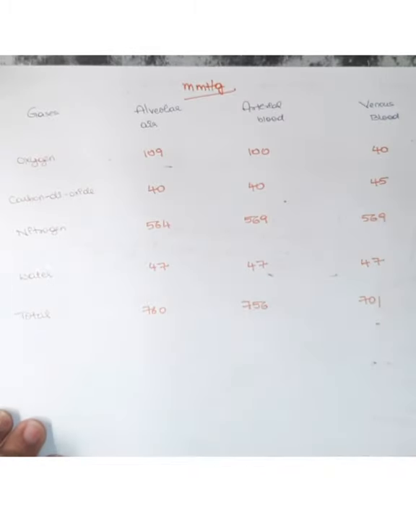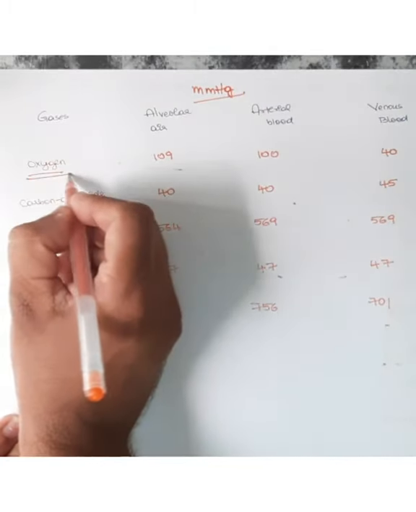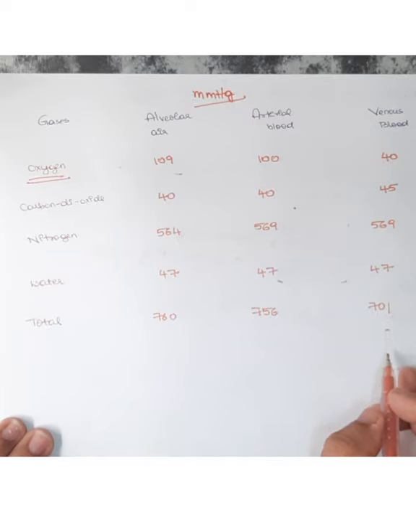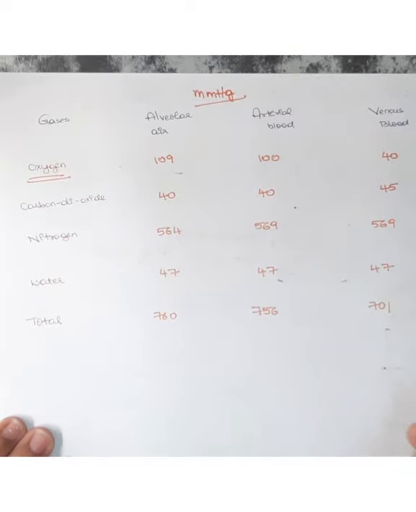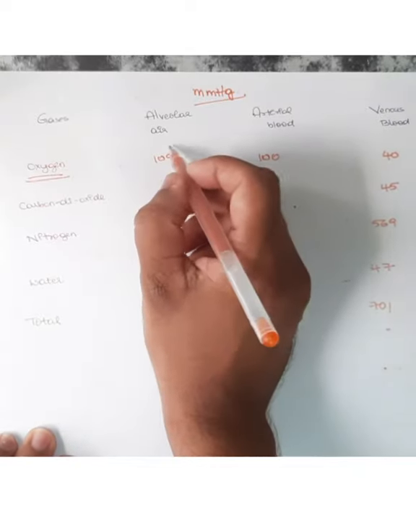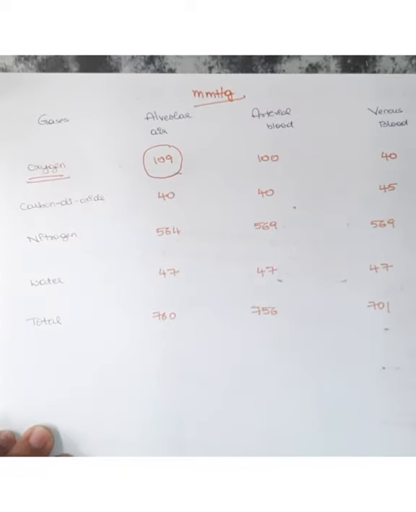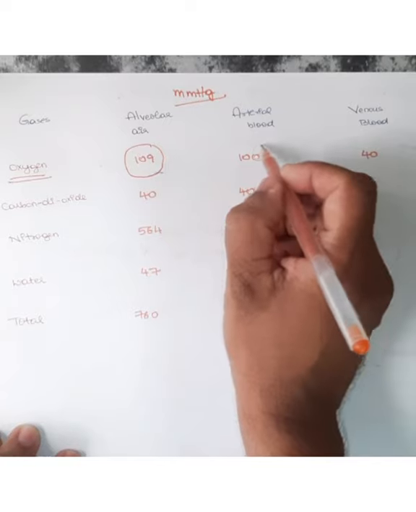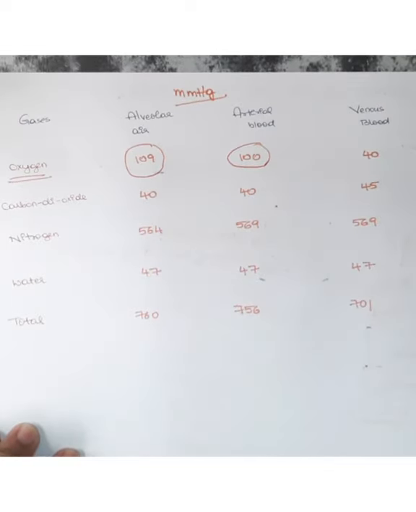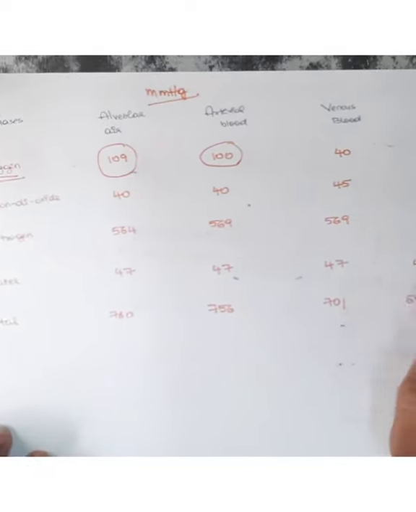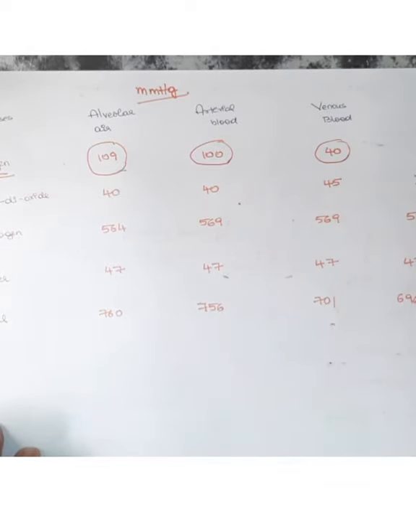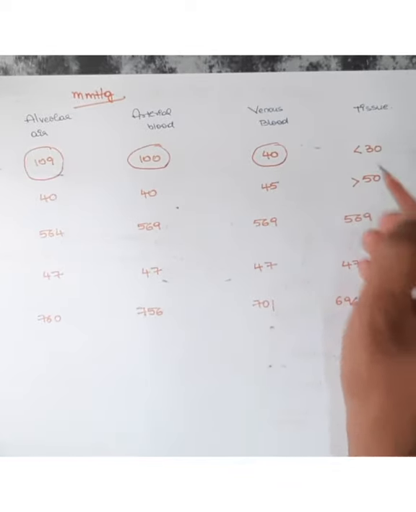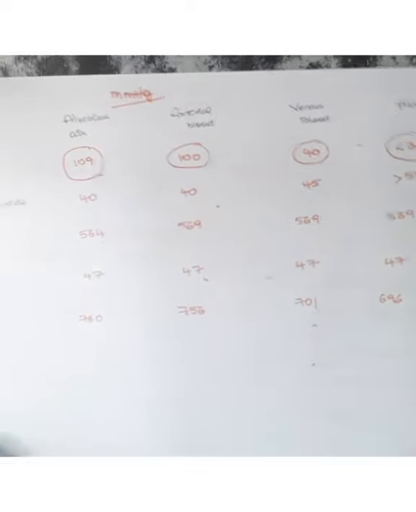If you take oxygen in the alveolar air, the partial pressure of oxygen is 109 mmHg, whereas in the arterial blood it reduces to 100 mmHg. In the venous blood it is approximately 40 mmHg, and in the tissue it is less than 30.